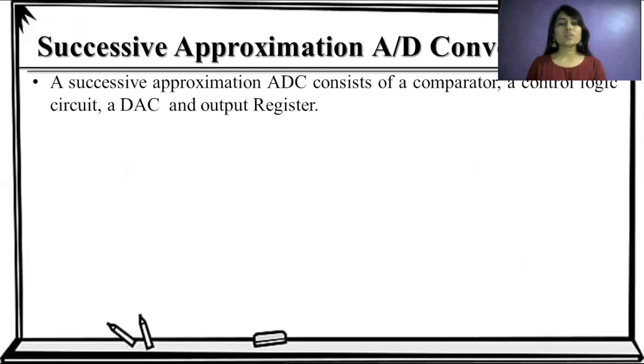A successive approximation analog to digital converter consists of a comparator which is used to compare the values, a control logic circuit, and a DAC or digital to analog converter.